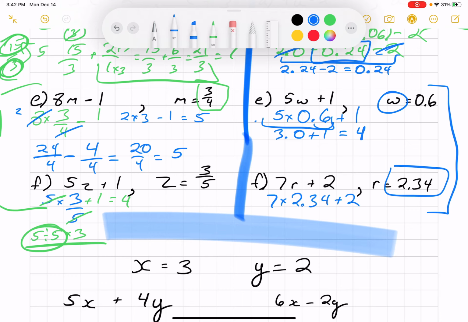All right. I have this one subbing in for the r there, so I have 7 times 2.34 plus 2. Okay, now I like to, I'm going to use blue here, I like to break it up. Plus 7 times 0.3 plus 7 times 0.04. So what I've done is I've broken these up into their place values, and I'm going to multiply them first. So this is 14. That's 21, 1 decimal place there. This is going to be 28, so plus 0.28 plus 2.